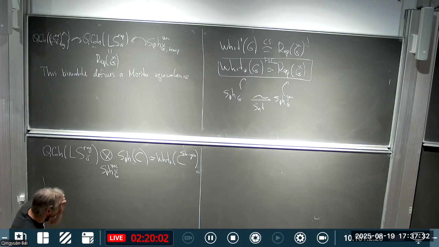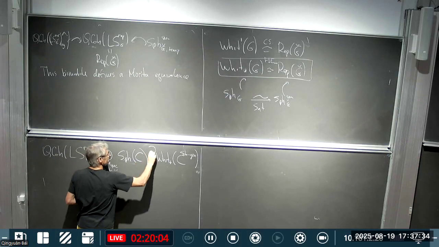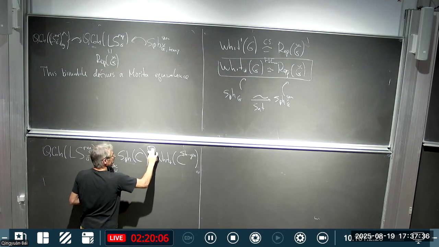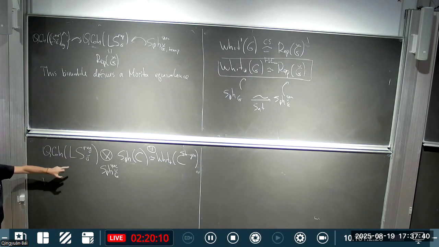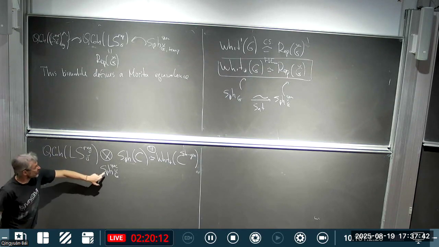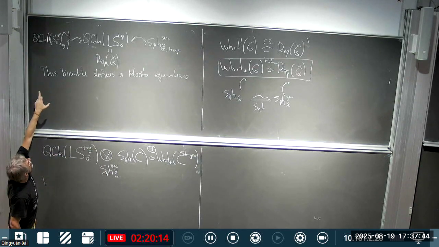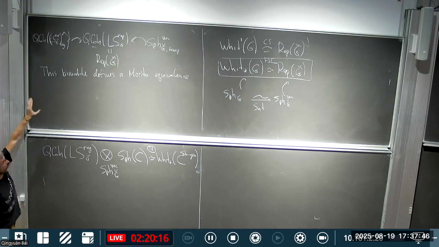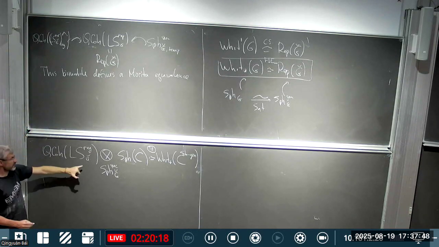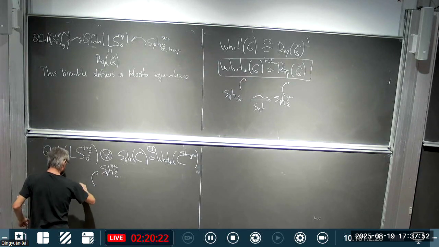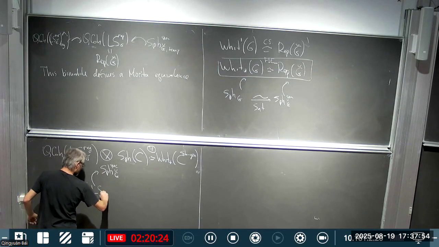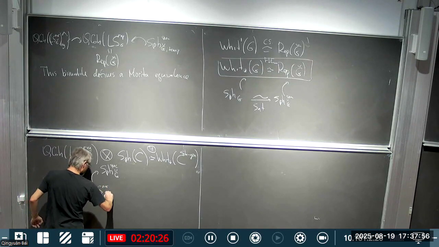Let me denote this formula isomorphism 1. I just said that this is a bimodule for G check spec and QCoh of Loc_G meromorphic. So therefore, the left-hand side acquires an action of QCoh of Loc_G meromorphic, G check completed at the regular locus.